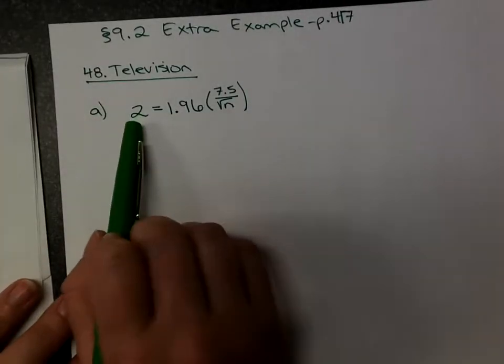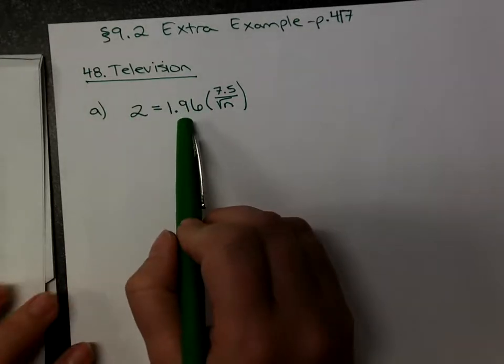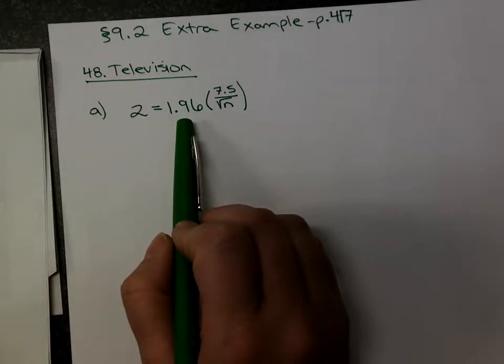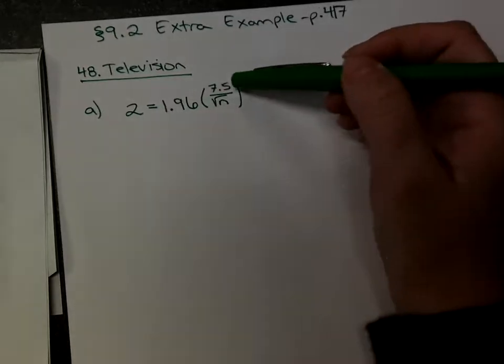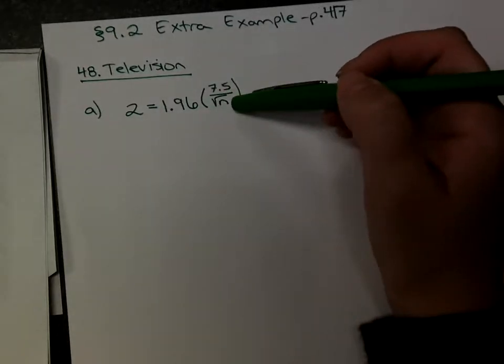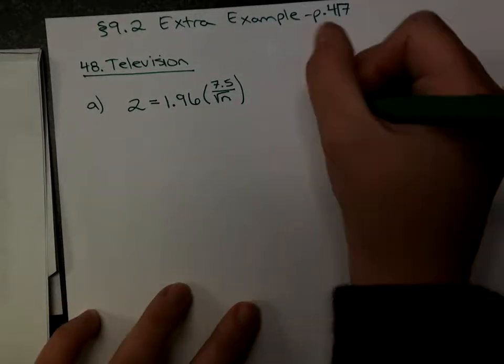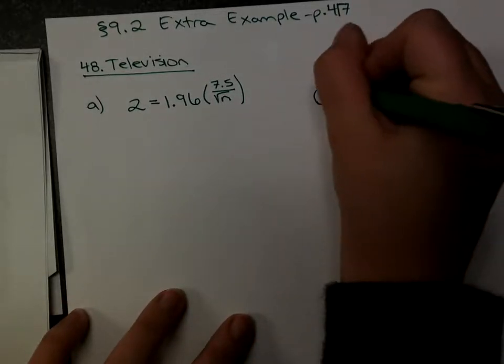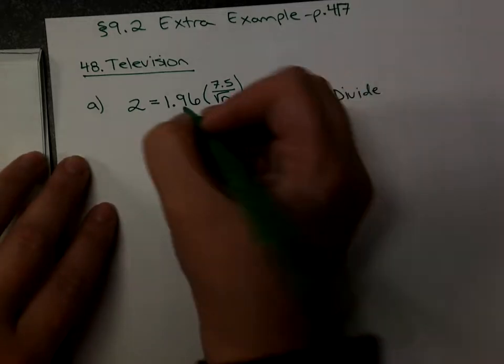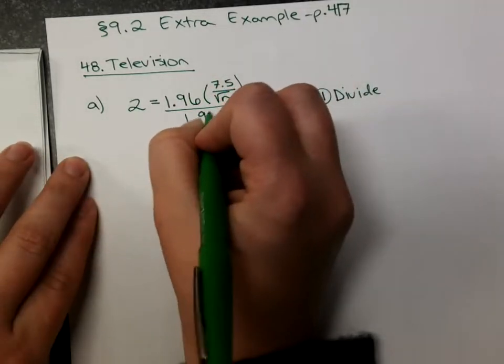So 2 is your margin of error. 1.96 is the critical value that corresponds to 95% confidence. The sample standard deviation was 7.5 over the square root of the sample size. So again, it just takes some algebra to do this. The first thing I do is divide by the critical value, divide by 1.96.